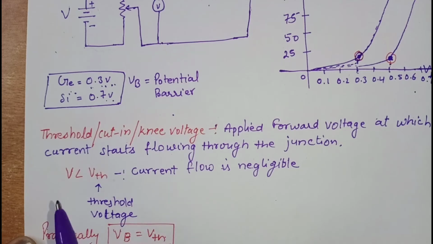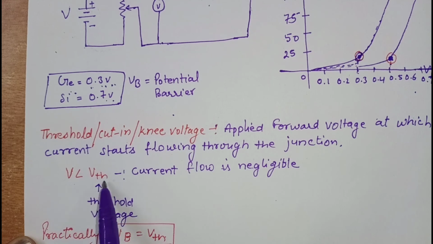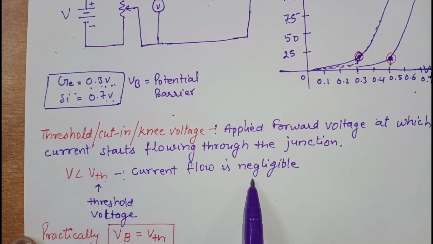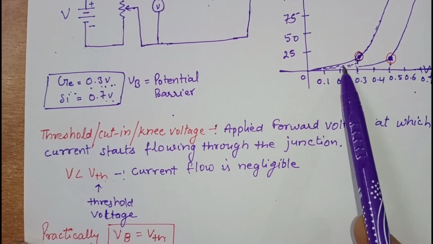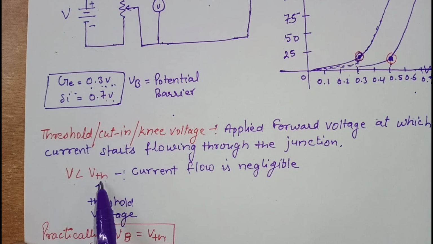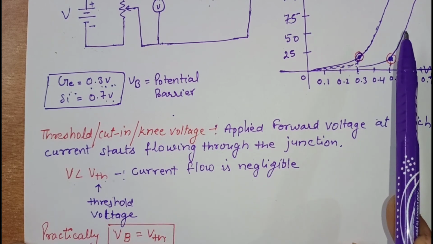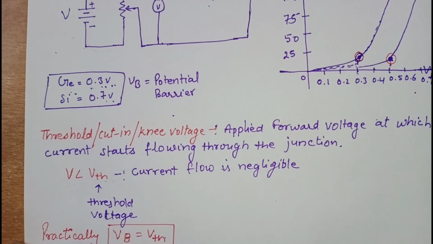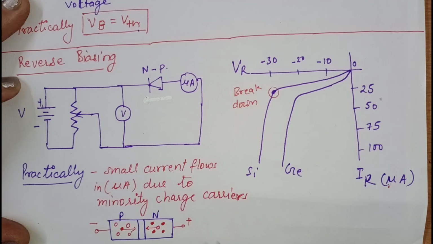We can write it as: when the voltage across the junction is less than the threshold voltage, the current flow is negligible. We can say here the current is very small. And when the voltage is greater than this voltage, the current increases rapidly in an exponential manner. Practically, barrier potential and threshold voltage are equal.